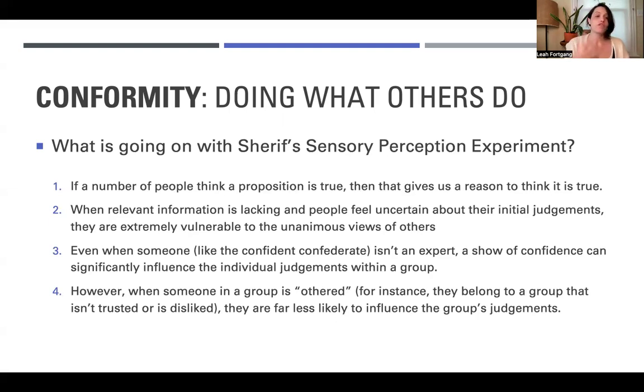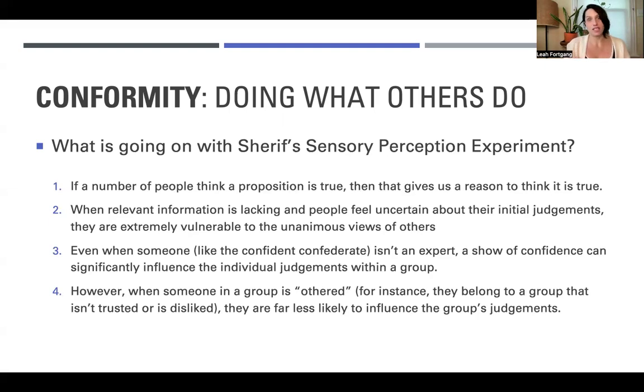And the fourth takeaway we learned from this experiment about conformity is that as soon as somebody in a group is othered, marked out as someone who doesn't belong to the group, someone who shouldn't be trusted, someone perhaps disliked, the group is less influenced by them. You can imagine fans of different sports teams, right? Oh, that person's a Jets fan, for example, in football.